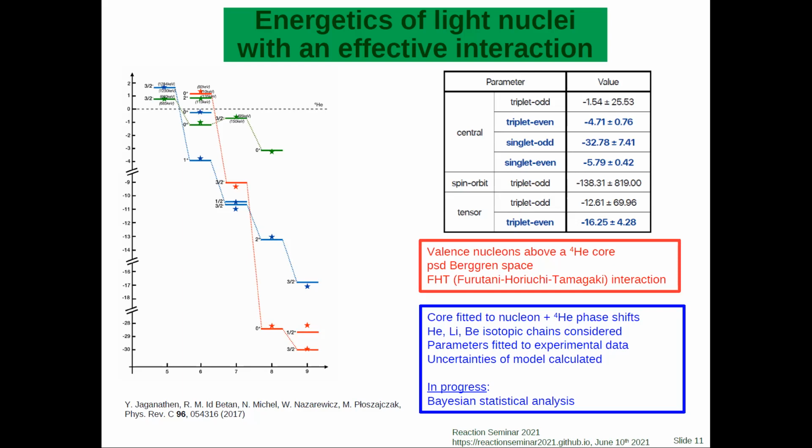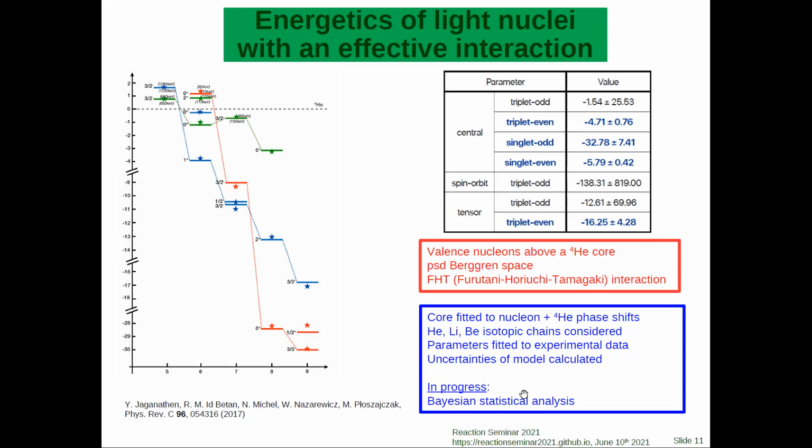One has to pay attention that some parameters are well constrained, while others are basically not constrained at all. So when we fit an interaction, it's better to mainly fit the well constrained parameters, and the others can be neglected, for example, in some applications, if we see that they have too large uncertainties.